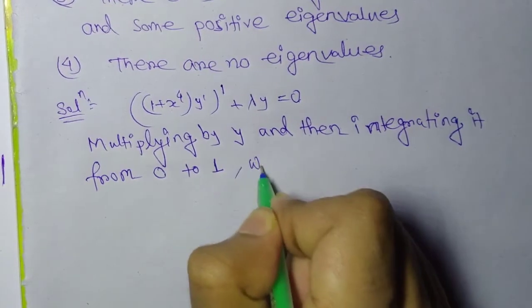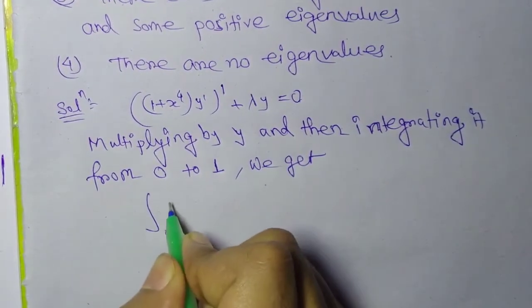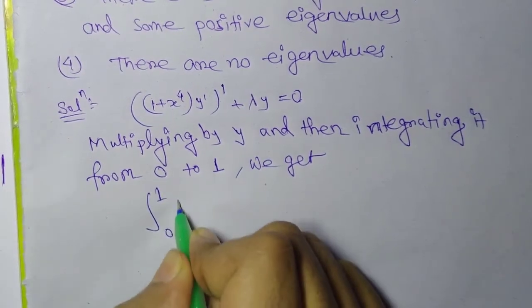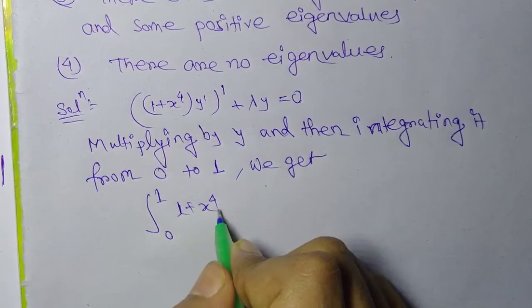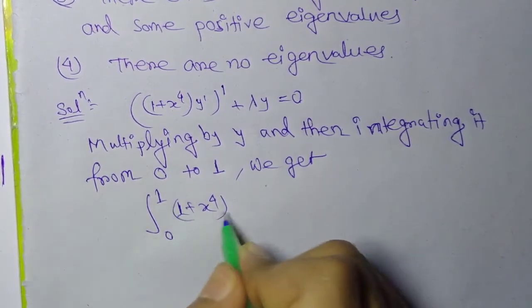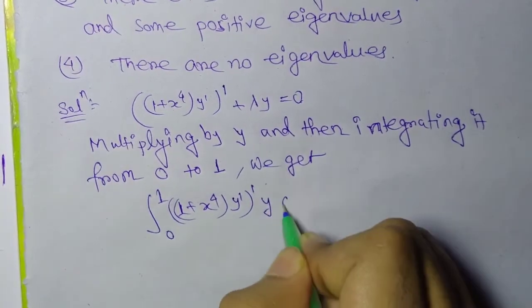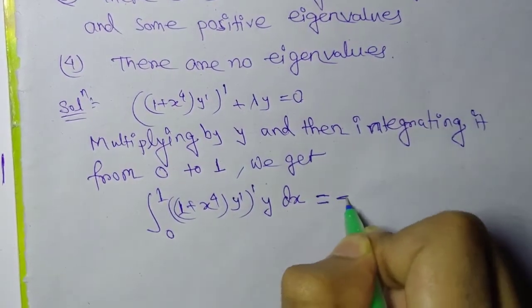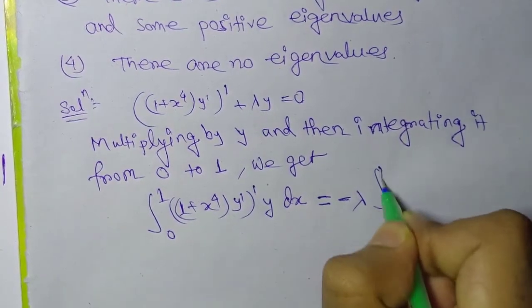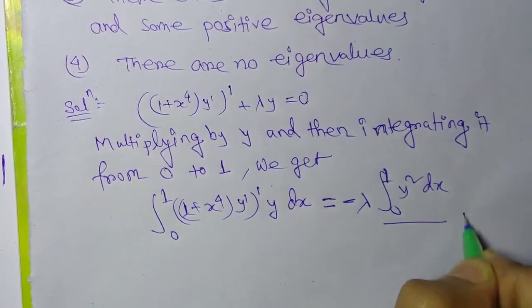We get the integral from 0 to 1 of ((1 + x^4) y')' y dx, which is exactly equal to minus λ times the integral from 0 to 1 of y^2 dx. We call it equation 1.